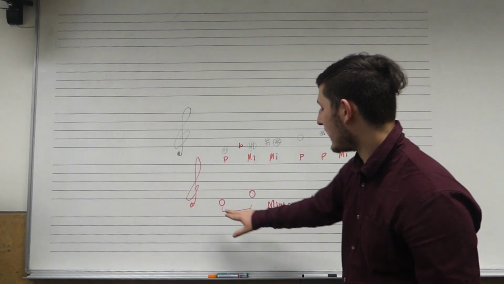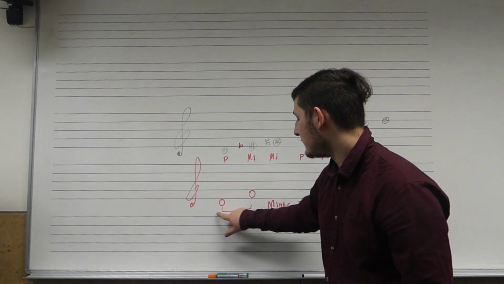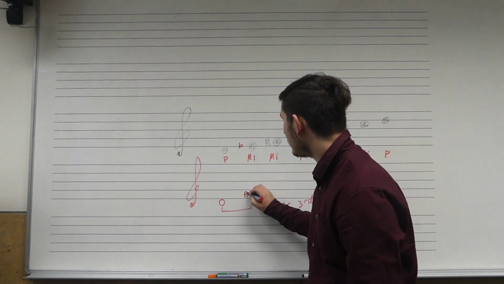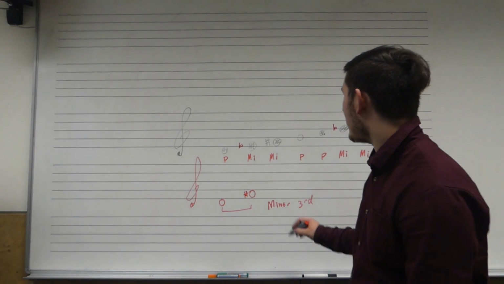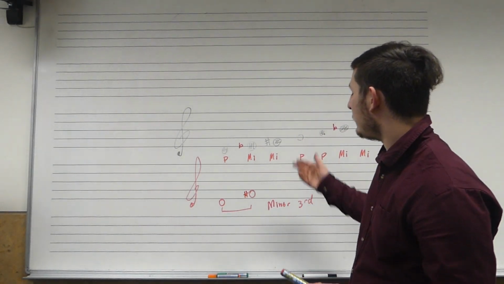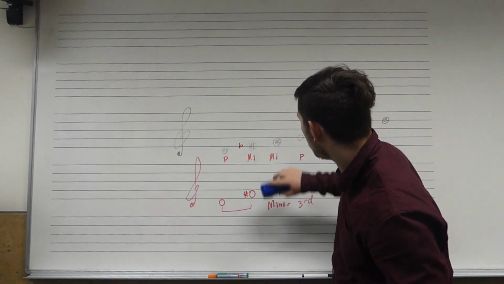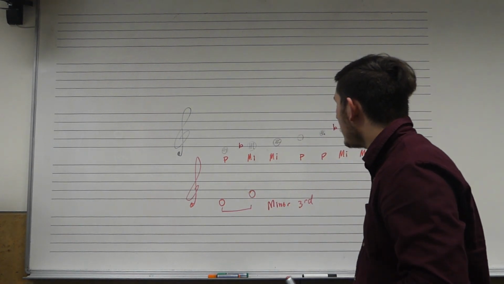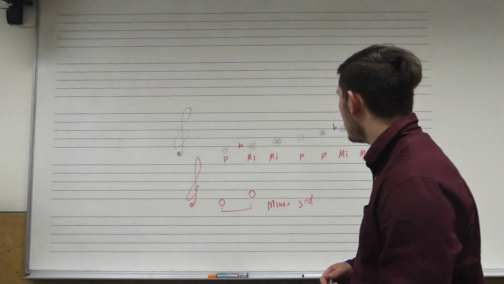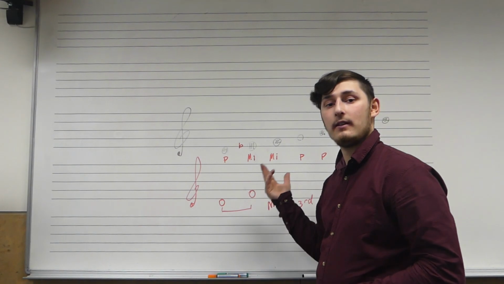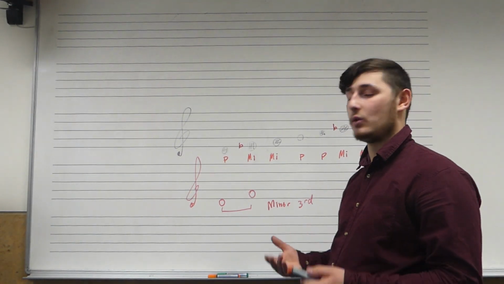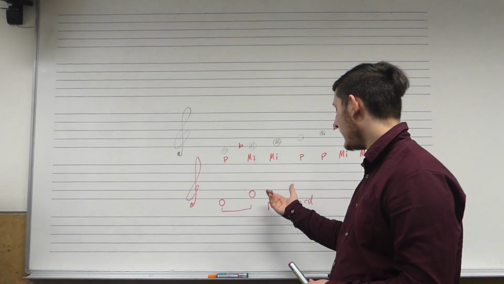So if we are relating our D to another note, and it's an F sharp, then we know that that's a major interval. However, if we don't have that F sharp, then we have a minor interval because we no longer have that F sharp, so it must have been flattened to a natural F.